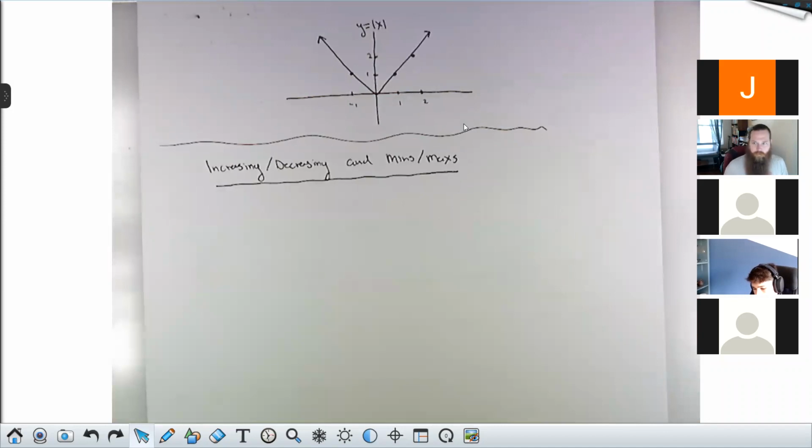What does it mean to say a function is increasing? What does it mean to say a function is decreasing?